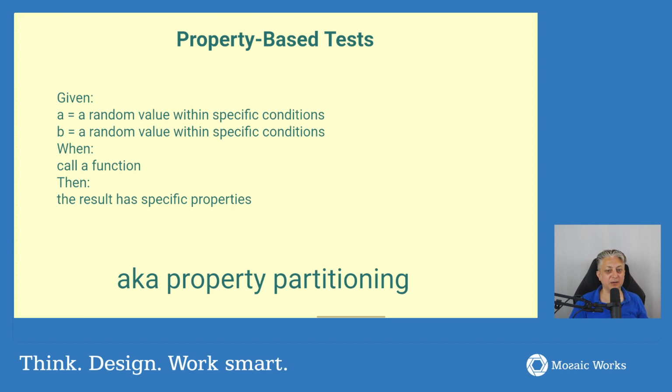It's a mathematical property of this thing. So basically what you could say is, let's get a random value for the first number, which is between 0 and max int. Let's get a random value for the second number, which is between 0 and max int. When we call add on these two values, we expect that the output is between 0 and max int.